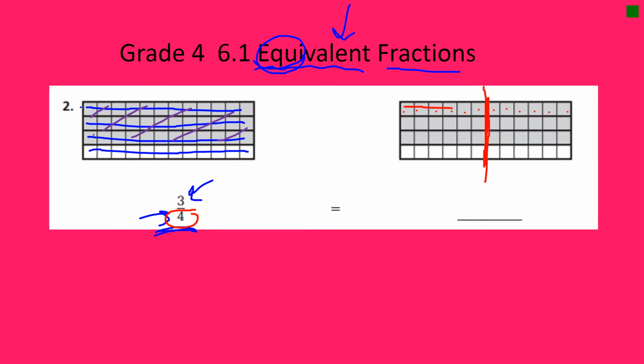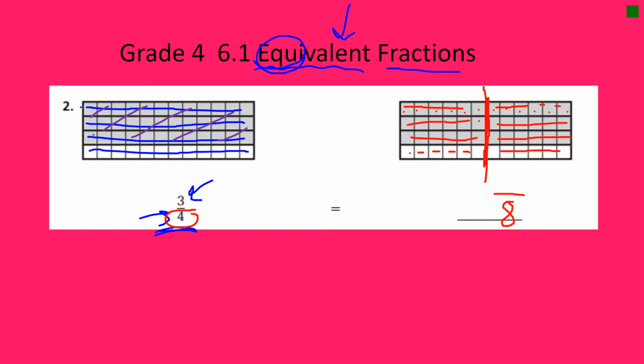We have 1, 2, 3, 4, 5, 6, 7, 8. 8 rows make the whole thing. And that's what the denominator's job is. The denominator is just to tell us, hey, this is how many pieces makes the whole thing. That's the only thing the denominator does for us, okay, in fraction land.